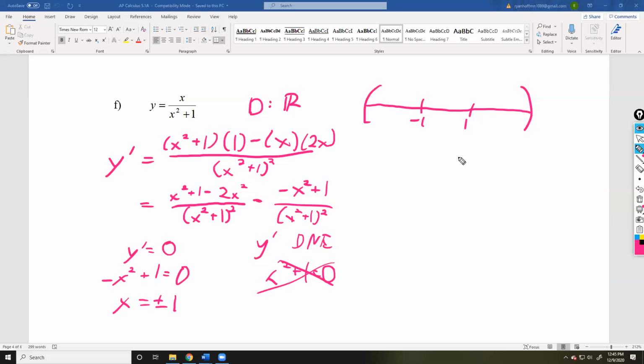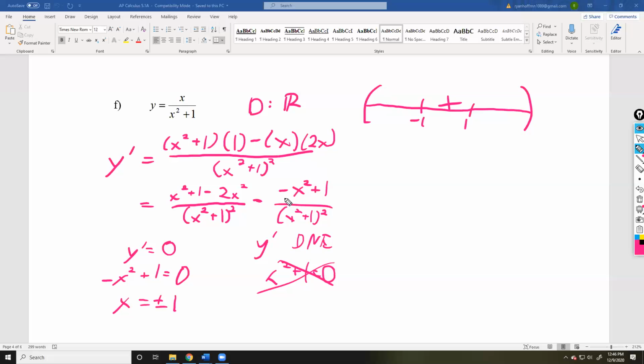We want to plug something between -1 and +1 into our derivative. Let's pick 0. So we get 0 plus 1 over 0 plus 1. That's going to be positive. The bottom is always going to be positive, so I don't need to worry about that, because no matter what's in there, I'm going to end up squaring it, so it's going to be positive. So really, I'm just looking at the top.